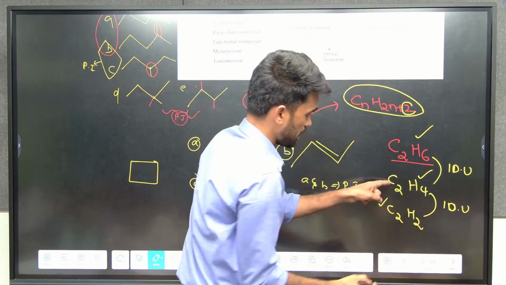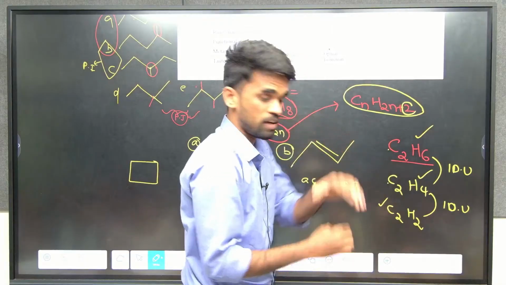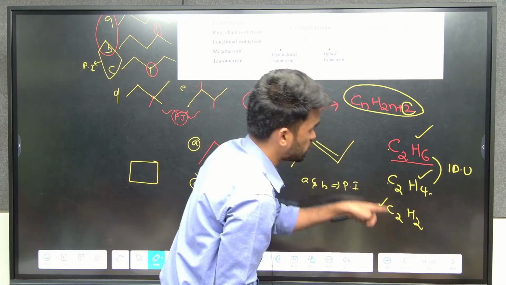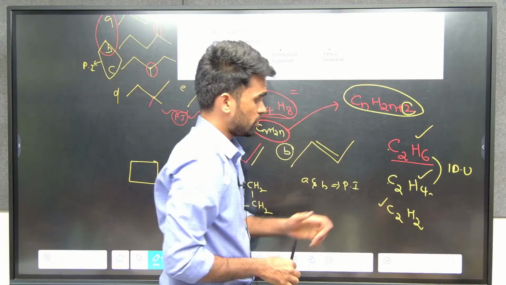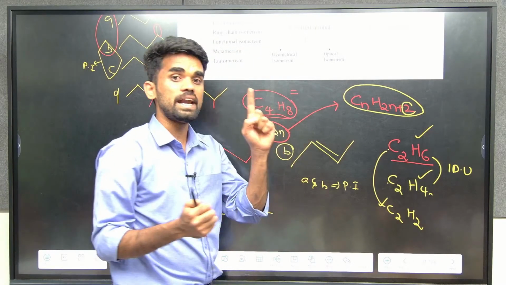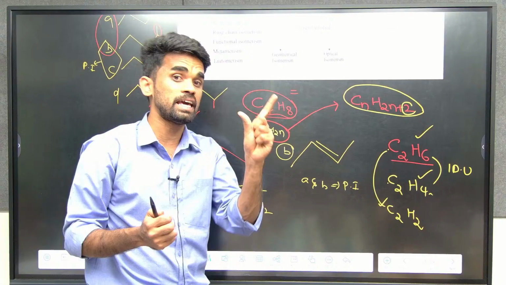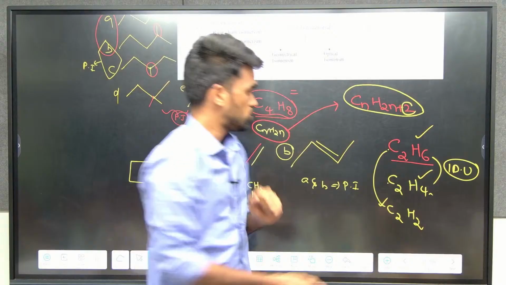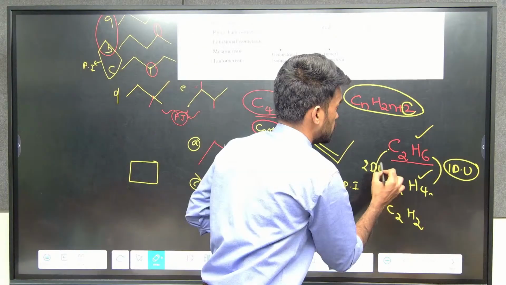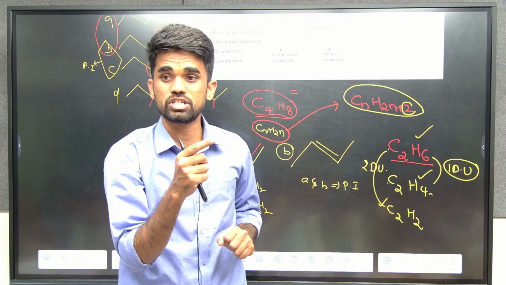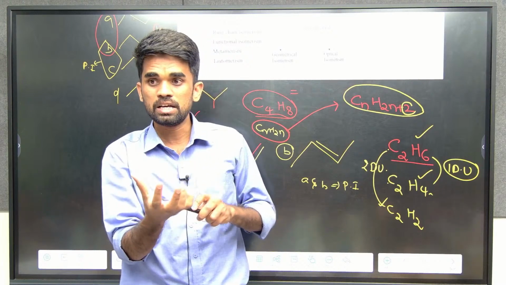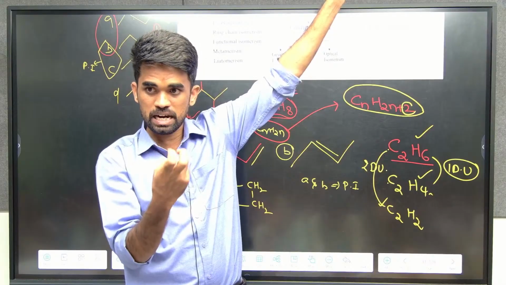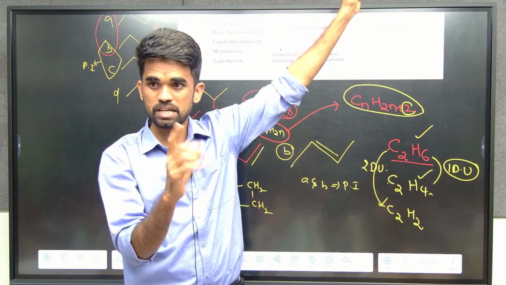Between alkane and alkene, 1 degree of unsaturation will be there. Between alkane and alkynes, 2 degrees of unsaturation. So how are you identifying degree of unsaturation? Comparing the given formula with the alkane general formula. If 2 hydrogens are less, 1 degree of unsaturation, like that.